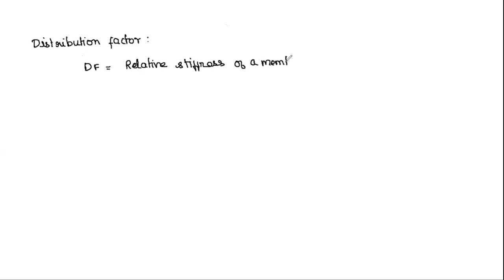So the next term is distribution factor. Distribution factor is defined as the ratio of relative stiffness of a member to the sum of relative stiffness of all the members at the joint, or the total stiffness.